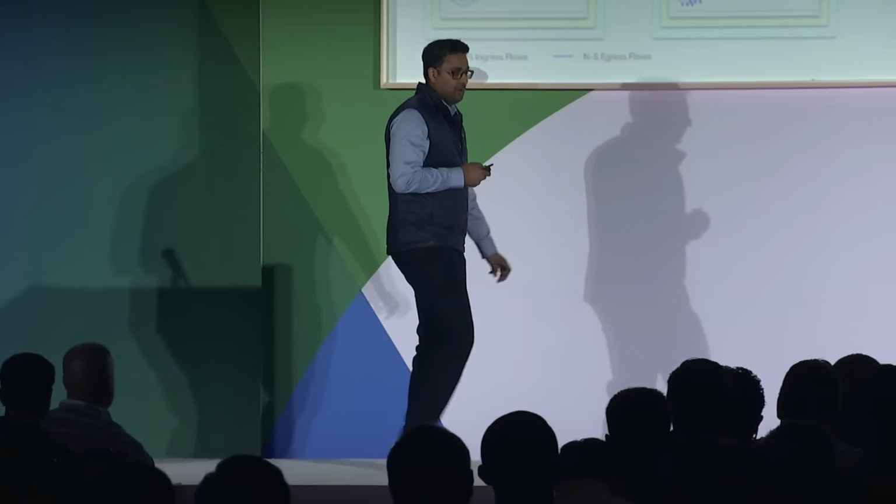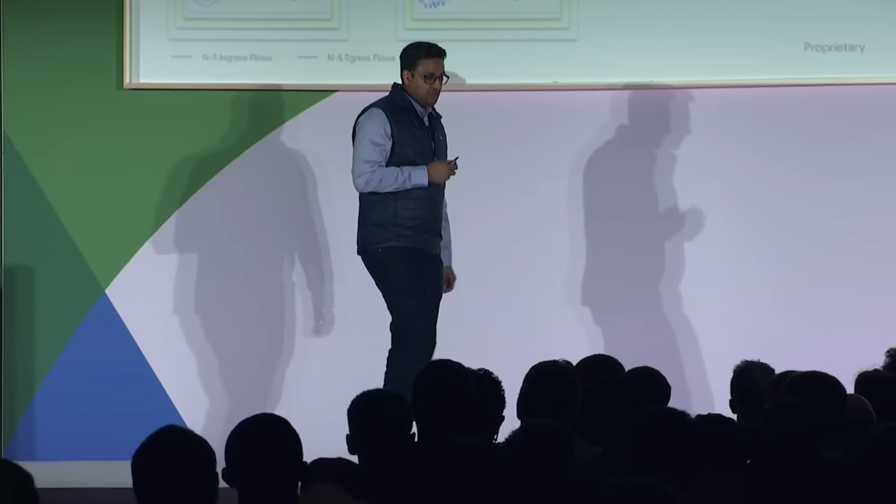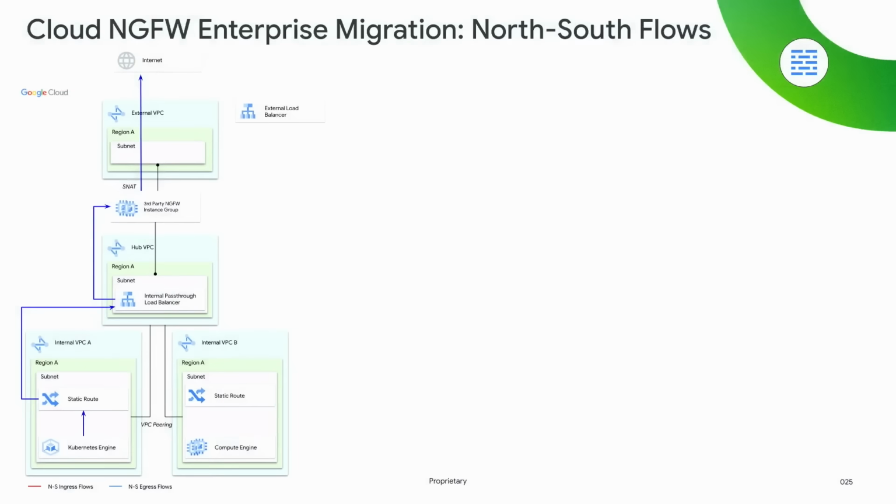Now let's take a look at how do you migrate your north-south flows to Cloud NGFW-based architecture. First, let's look at the NVA example. For egress, typically what happens is you have a workload in VPC A that wants to communicate to the internet. So this, through some static routing, has to go through your internal network pass-through load balancers. That is then sent to your network virtual appliances for inspection. You have to do a source NAT and then send that to your destination.